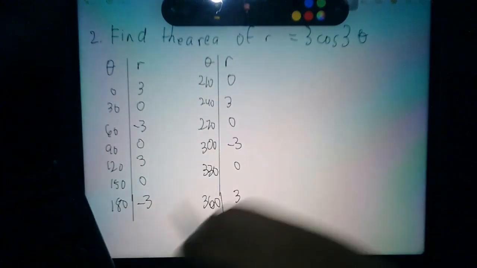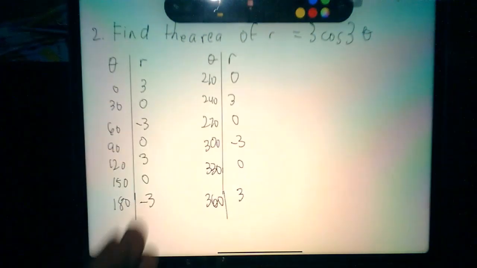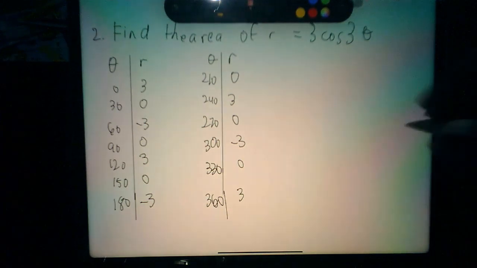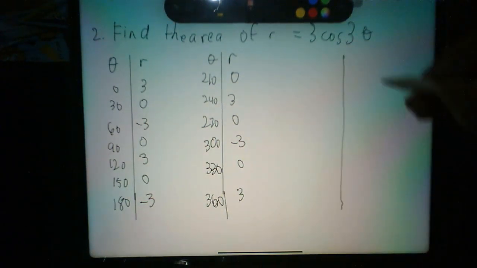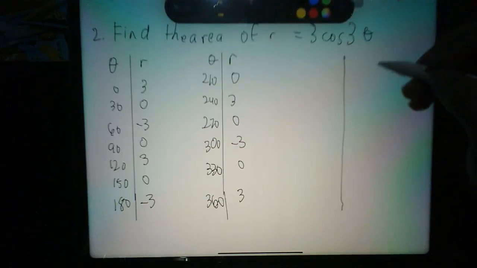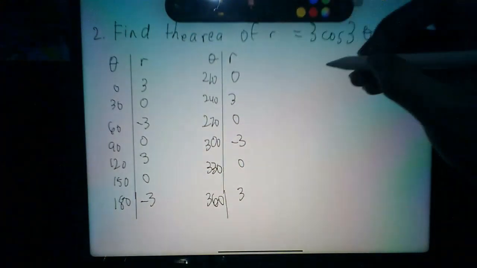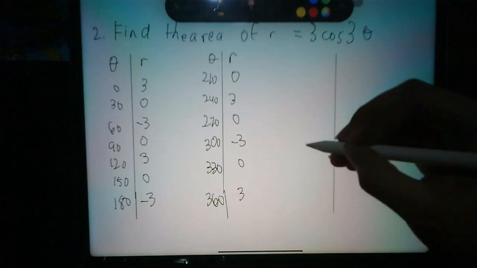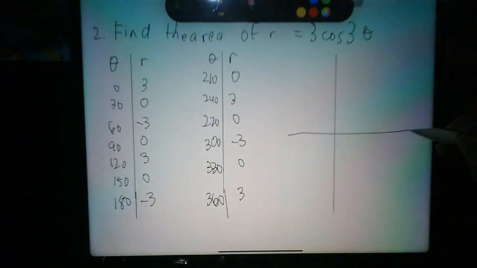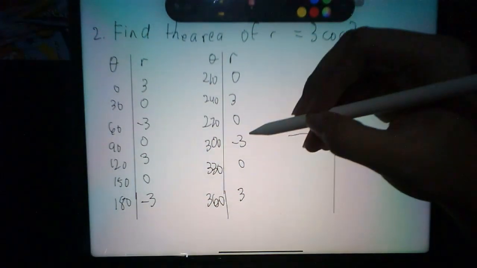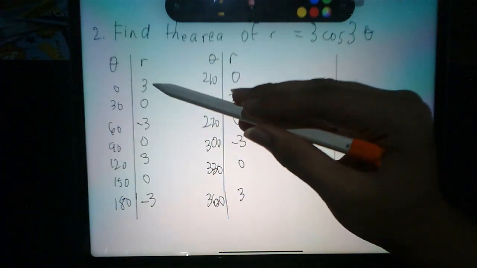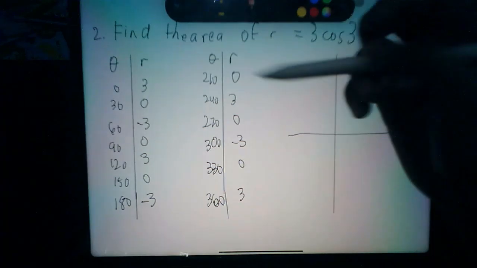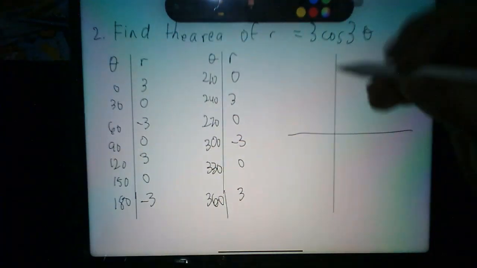Now we are ready to plug in the points in our polar plane. The highest radius here is 3, so we need to form 3 circles.